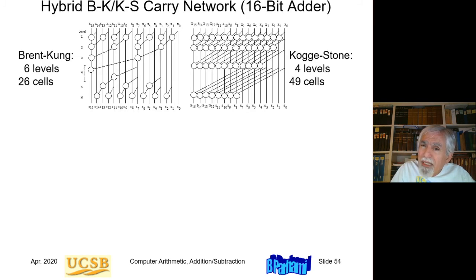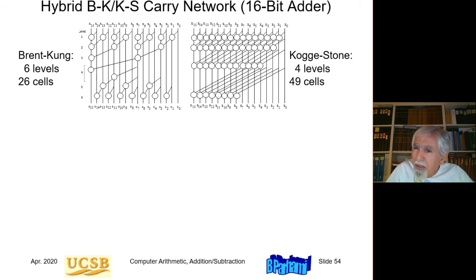So let's look at these 2 main networks that we derived. For 16 inputs, Brent-Kung on the left, Kogge-Stone on the right. You can see by just looking at these that the Kogge-Stone circuit is denser.